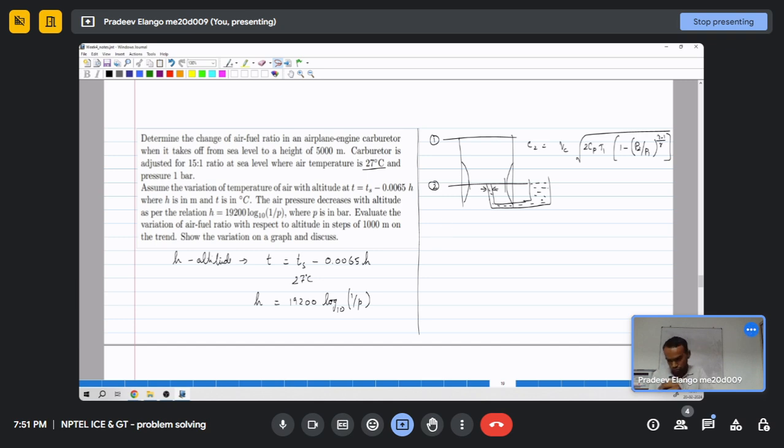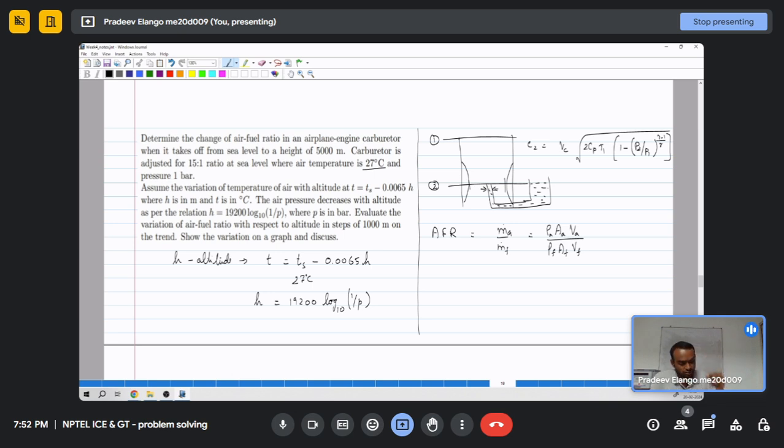So for air-fuel ratio, we need m dot a by m dot f. M dot a is rho a, the density of air, times the area of the air part, that is the throat, times the velocity of air. Similarly for fuel: rho f, A f, V f.